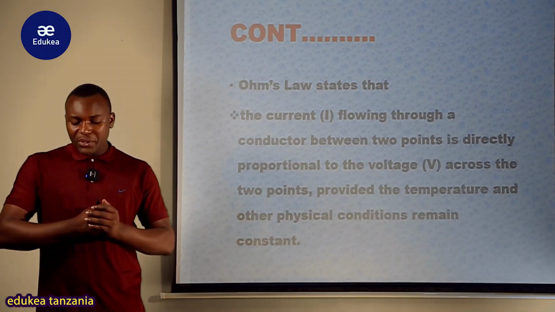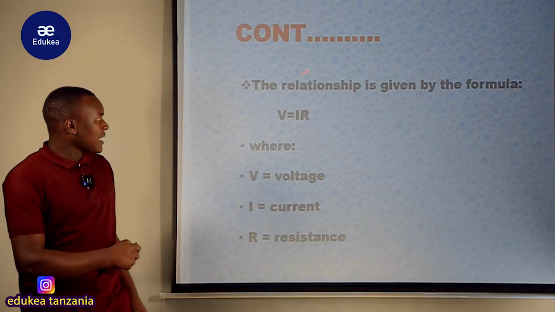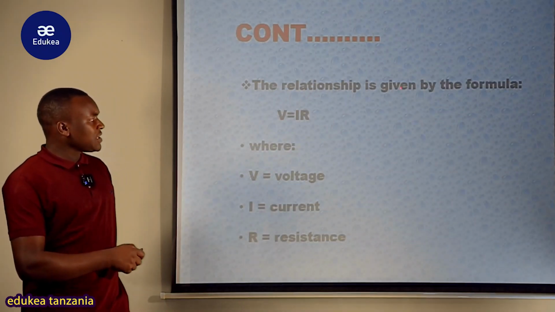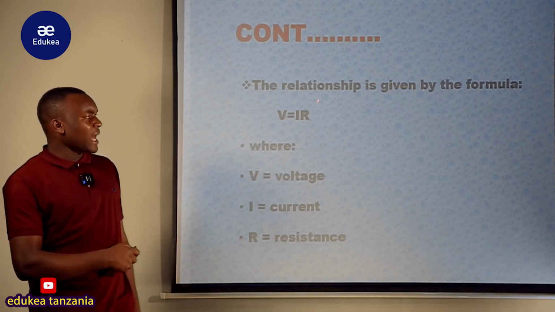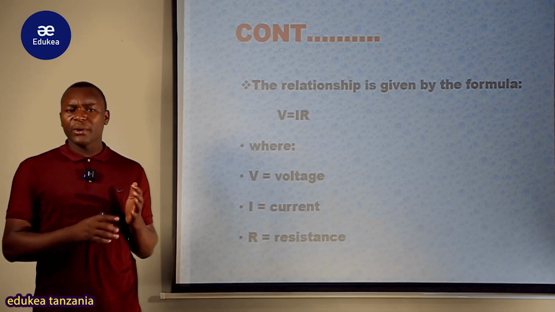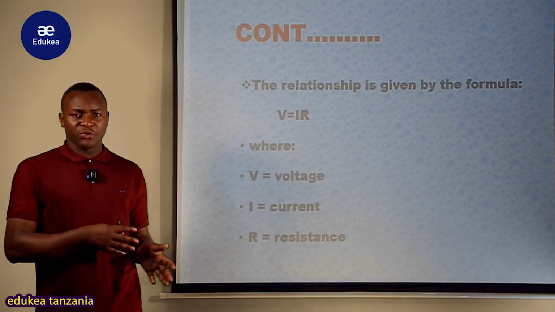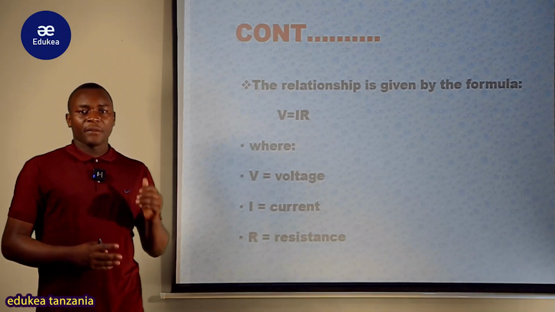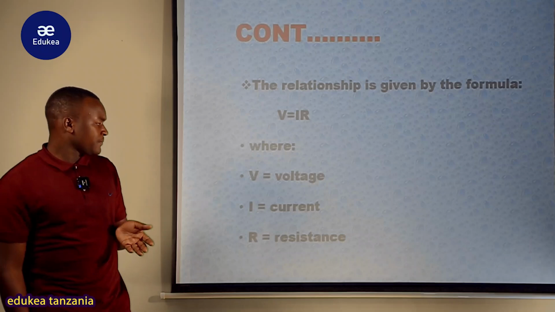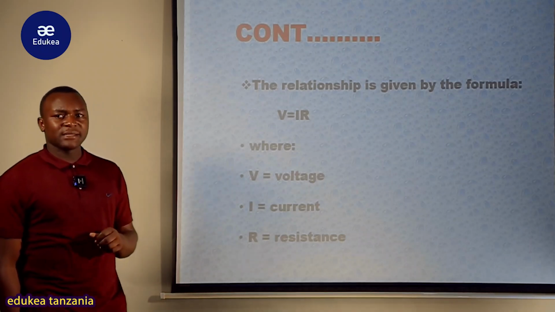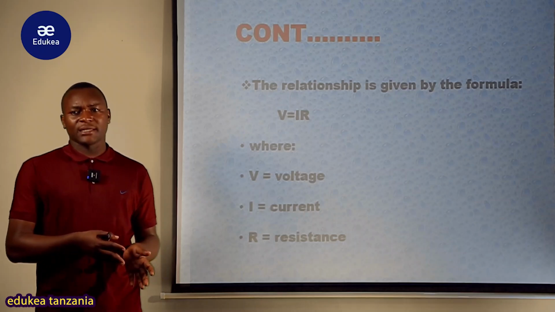You can put it mathematically as follows. The relationship is given by the formula V = IR, where V means voltage or potential difference, I means current, and R means resistance, which is the proportionality constant.